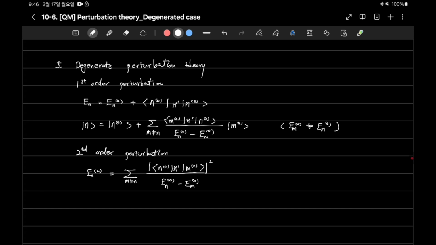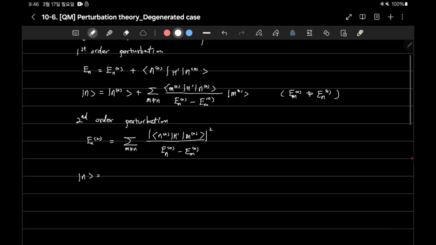So here, the second order energy perturbation is like this. Let me denote it as only the second order.